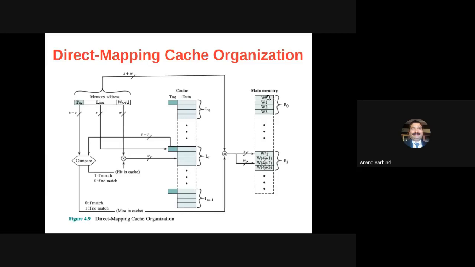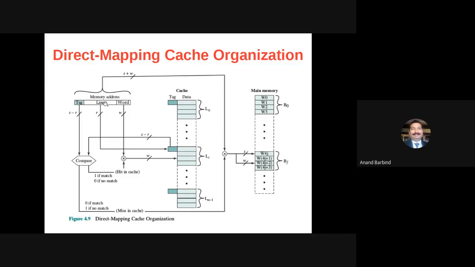So the address of the first word is 00, the second word is 01, the third word is 10, and the last word is 11. So you need only 2 bits. If there are 8 words in the block, then you need 3 bits, that is 000, 001, up to 111, and like that. If the block size increases, the number of bits required will increase.